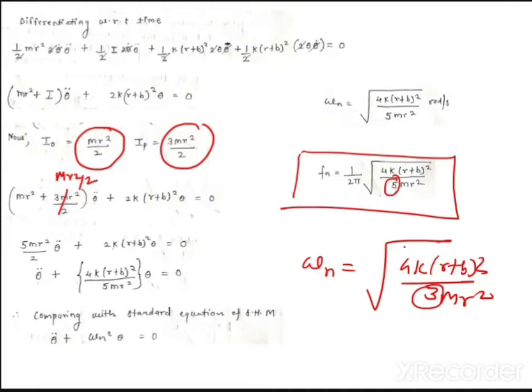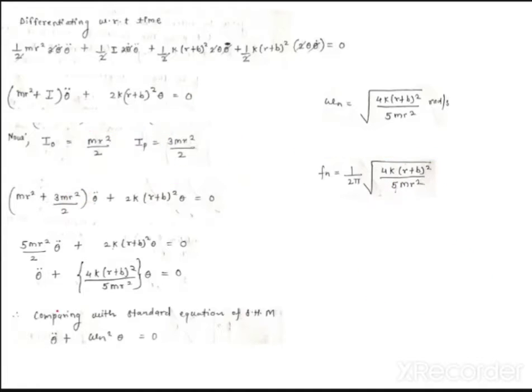So sometimes if you are using only m r squared by 2, the answer will be 3 m r squared by 2. I am giving both answers as correct, because theoretically in the book the theta displacement is very, very small. That is why they are neglecting this parallel axis theorem and using the m r squared by 2 only. Okay, is it clear? So that answer will be 3 m r squared by 2.